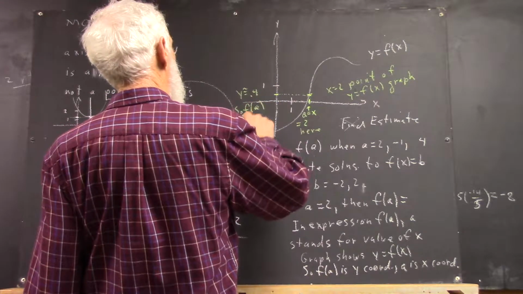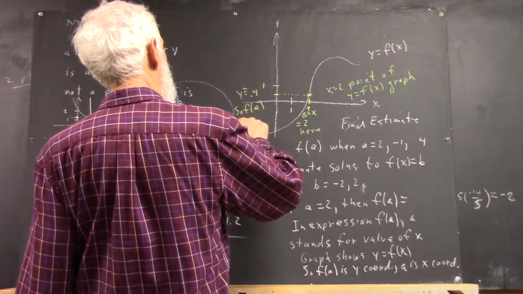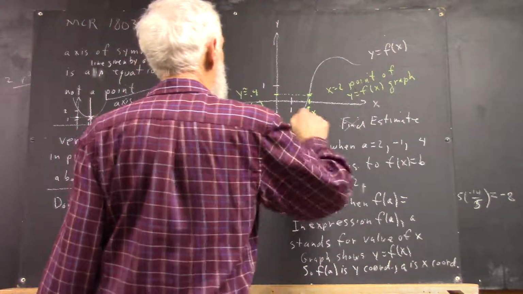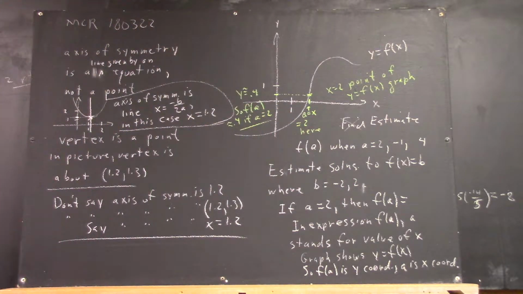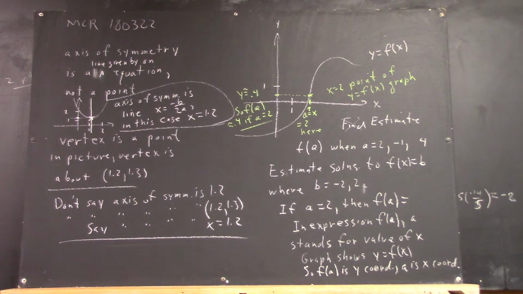So f of a is approximately 0.4 if a equals 2, right? Now see if you can do estimates for a equals -1 and a equals 4.